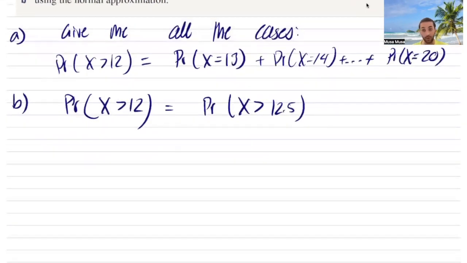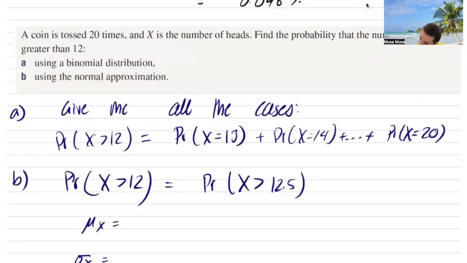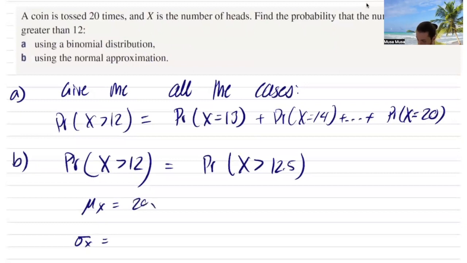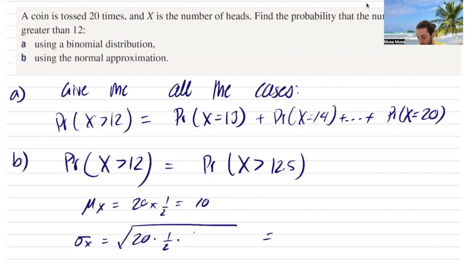So we want probability X is greater than 12.5. Now we need to find the Z score, which means we need the mean and the variance. The mean is given by np, so 20 times a half, which is 10. The standard deviation is the square root of the variance, and the variance is given by npq, so 20 times a half times a half, which is 5, giving a standard deviation of root 5.